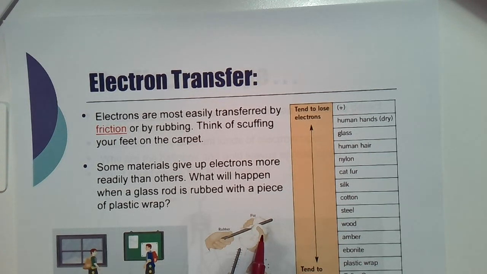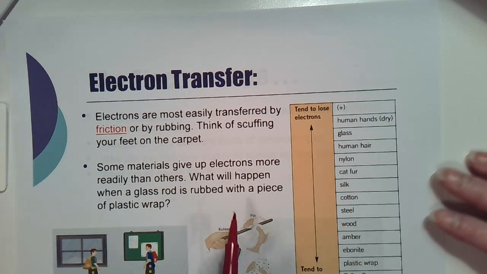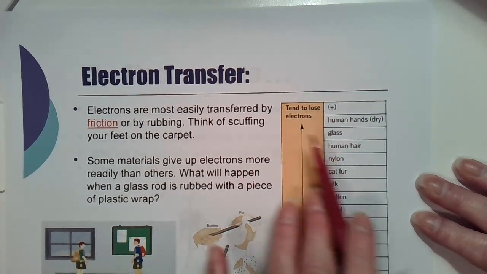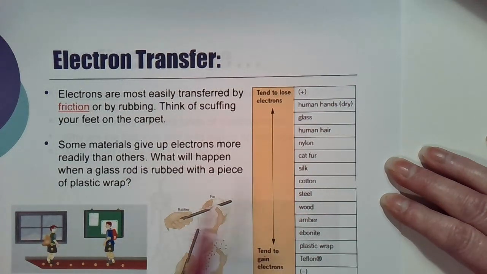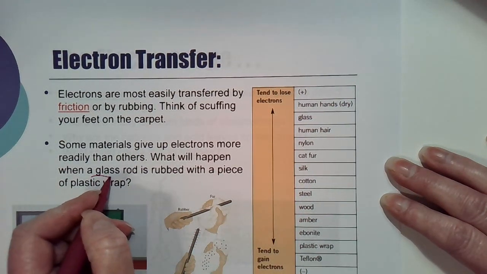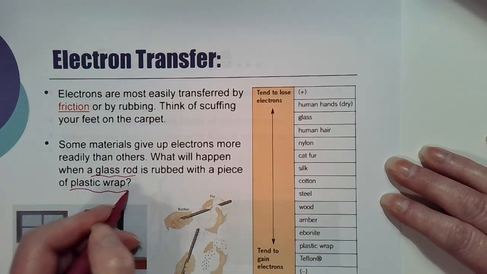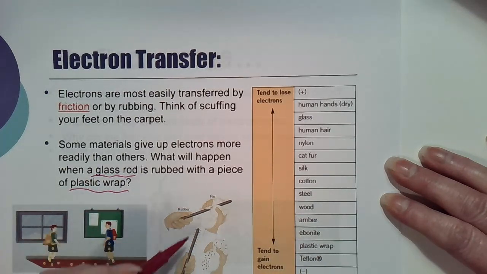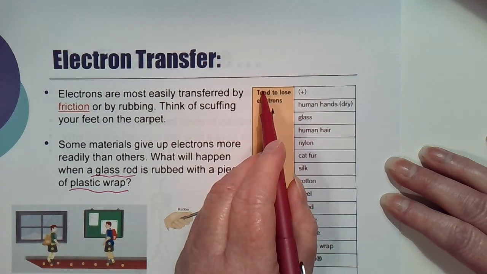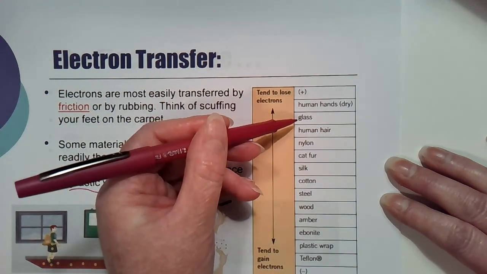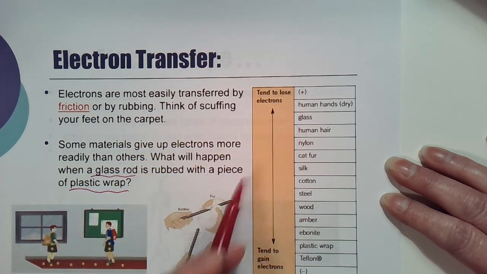And so my question is, what became negative and what became positive? You usually need a chart like this, and you wouldn't know unless someone gave you a chart. But if I had a glass rod and a piece of plastic wrap and I rub them together, it says here that glass has a higher tendency to lose electrons, and plastic wrap is down here, has a tendency to gain electrons.